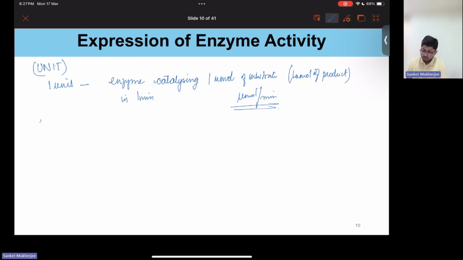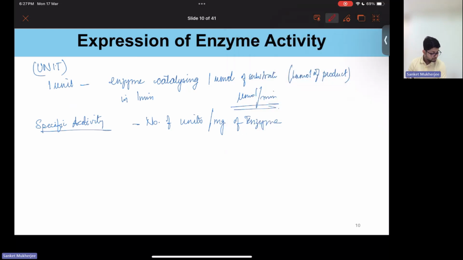If we talk about the specific activity, specific activity is the number of units per mg of the protein, of the enzyme basically, which is usually a protein.